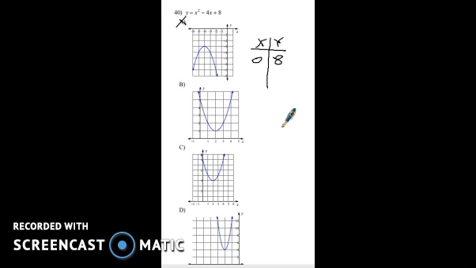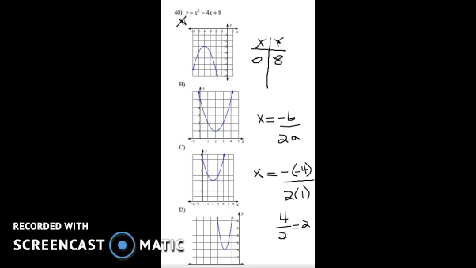Now another thing I want to know is what's the very middle of my graph? What's my line of symmetry? And we can use negative b divided by 2a to identify the very middle. I plug in negative 4. I have a minus minus over 2 times 1. And that gives me 4 over 2, which is 2.